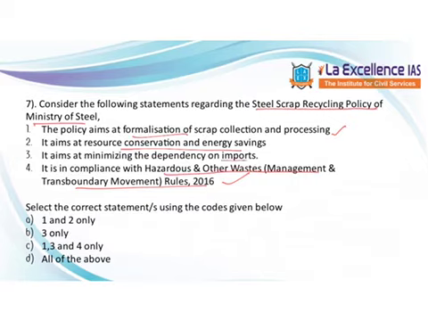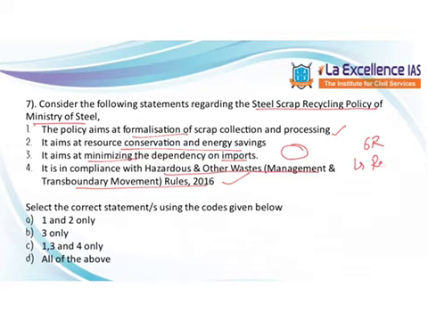What we are trying to do is create a responsive ecosystem. We are trying to recycle the products in the steel sector, thereby creating a circular economy. Whatever is recycled can be reused. In such a case, we can minimize the dependence on imports. Here, we need to remember the 6R policy. What is 6R?